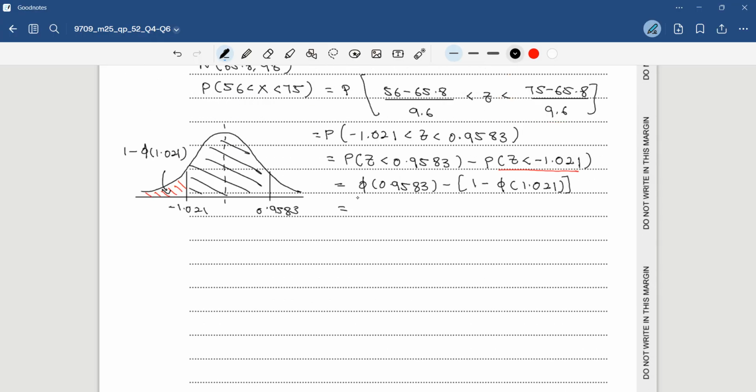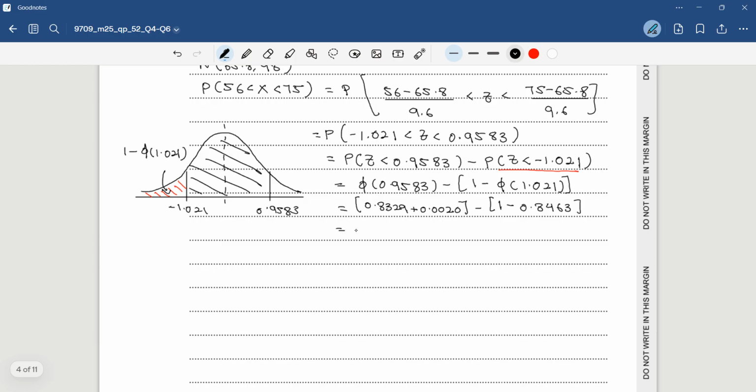Okay, I just calculate here. For this, it's going to be 0.8329 plus 0.0020. So I directly write for this because you also can use your calculator to find the answer. So I just write directly 0.8463.